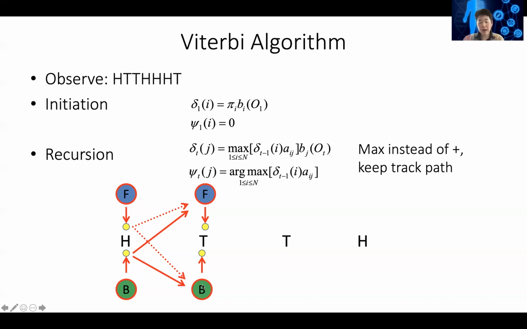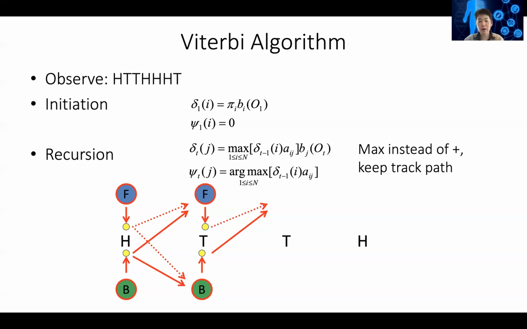And so we do this at every step. Next one, again, we inherit this number multiplied by the transition probability and compare with the case where the previous coin is a bias coin, multiplied by its transition probability. We make a comparison. At every step, we always pick the winner instead of summing them up.